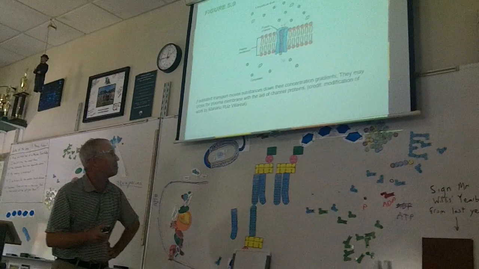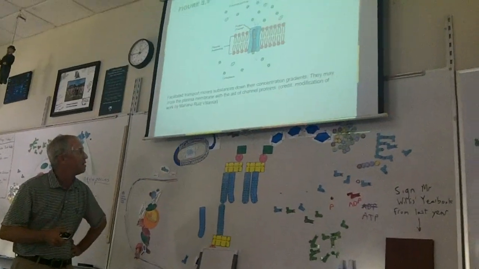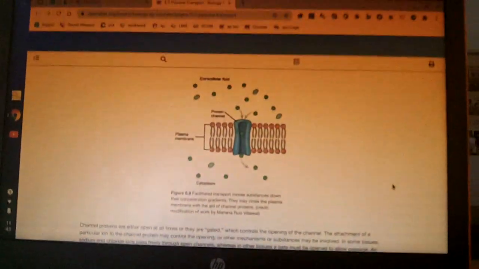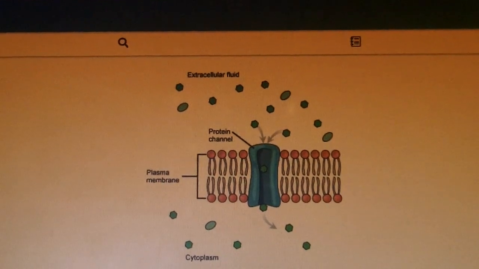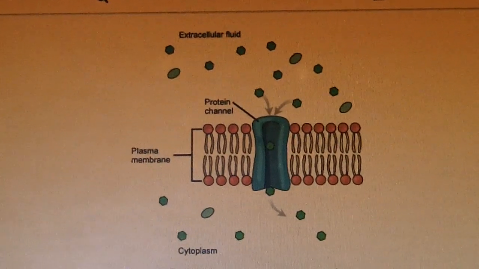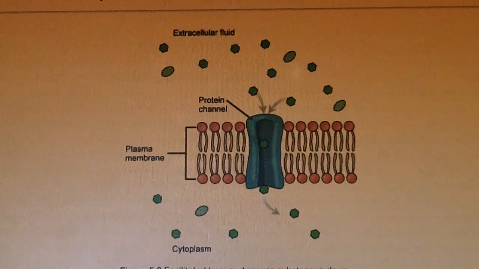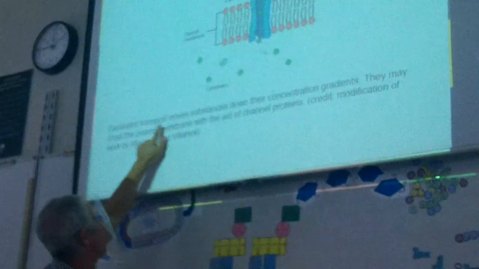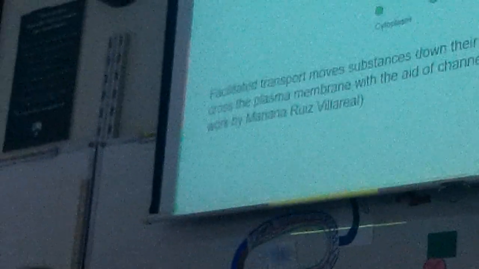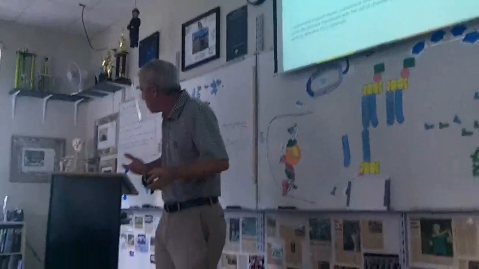Here's molecules coming through a channel protein. We call this not simple diffusion, but facilitated diffusion. Want me to write that word down for you? Oh, here it is. I spell it right here. Facilitated transport or facilitated diffusion. Have you ever heard that word facilitate? If somebody's a facilitator, they make things easier.